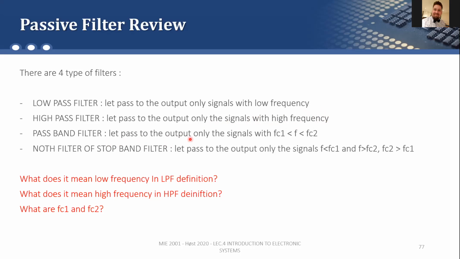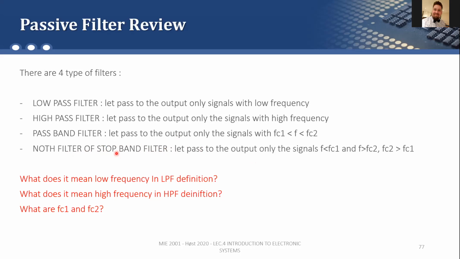A pass band filter is a filter which lets pass to the output only the input signals that have a frequency between two values. Okay, so only signals that are in a certain frequency range between FC1 and FC2. We are going to calculate these parameters later on, but this is just the definition.